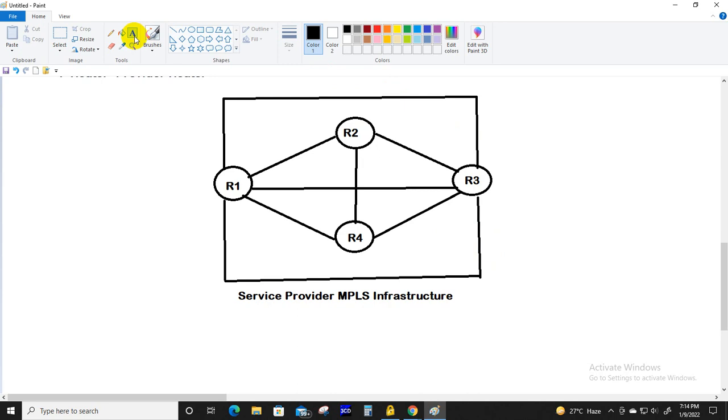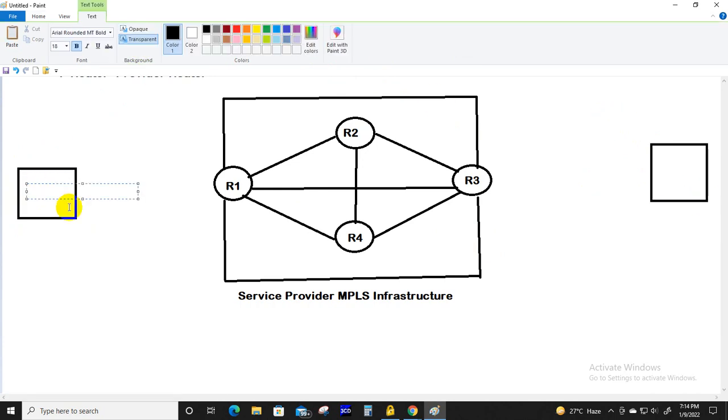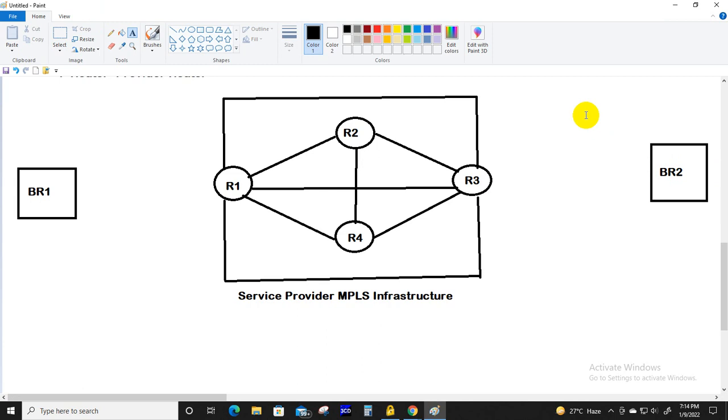Suppose you have a branch here, another branch is here. Branch or site, you can say site also. So you are using MPLS to connect your two sites together.